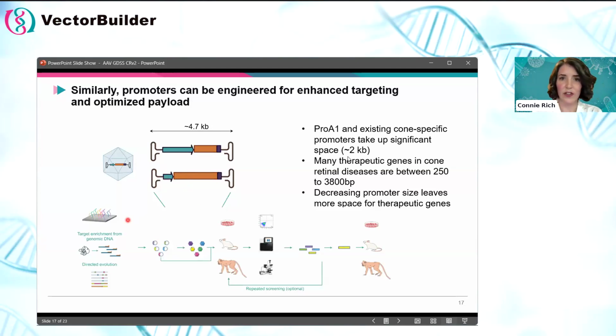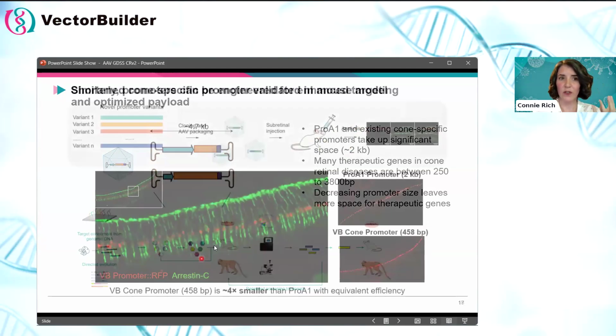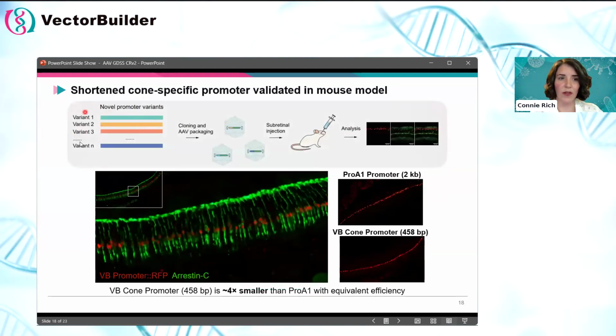So here we took the Pro-A1 promoter as well as a couple of others, and we went through this promoter engineering process, making modifications to that Pro-A1 to try to identify a much smaller promoter. So we found a wide array of variants, we packaged them into our recombinant virus, and we performed this subretinal injection and analysis.